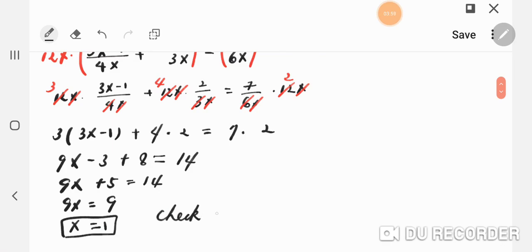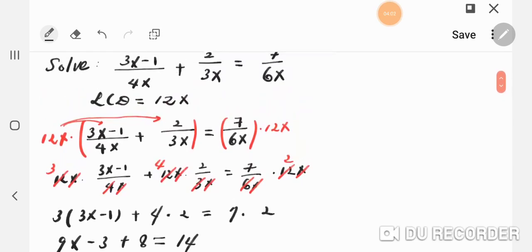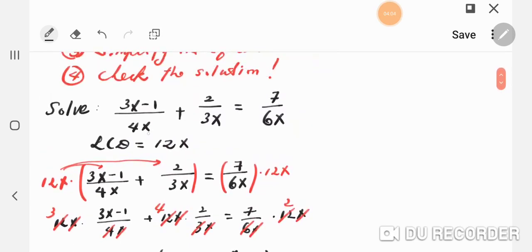Is 1 okay? Always check. And 1 does not make the denominator 0, so 1 is okay. Look at this. If you have something over x, then we know that the denominator x cannot be equal to 0, because if x equals 0, then the denominator is 0, so the fraction will be undefined.